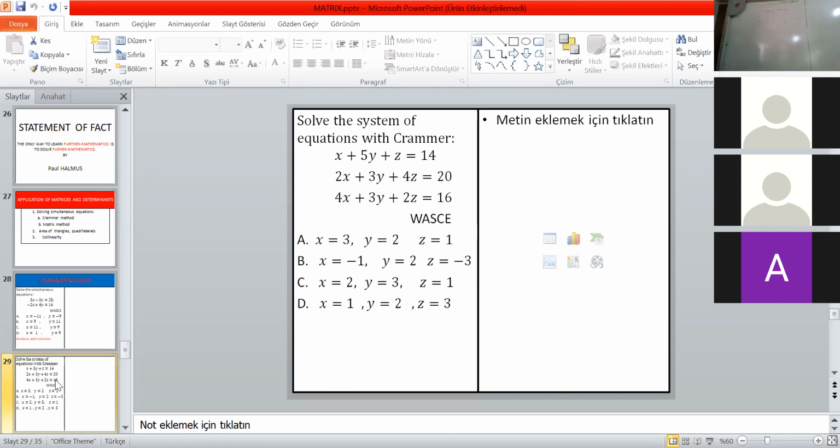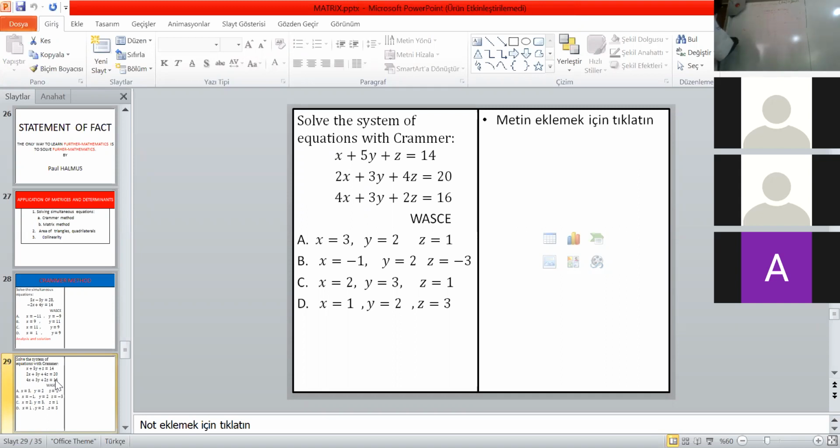Now you want to start. The first thing is your delta. Say delta. Good. So you copy out all the elements inside the parentheses. I have 1, 5, 1, 2, 3, 4, 4, 3, 2. I close it.